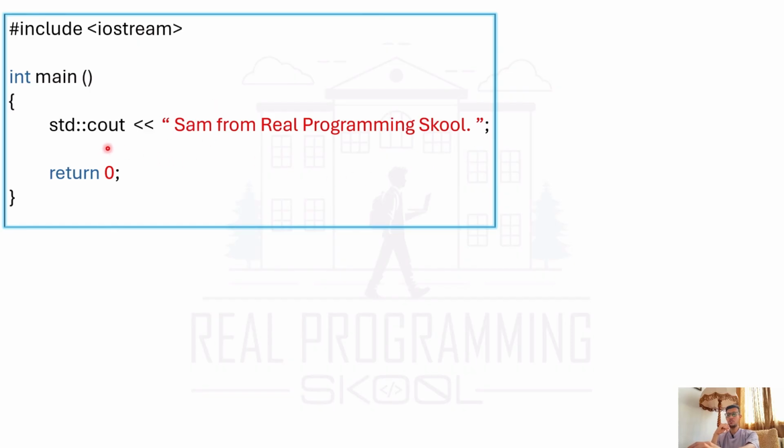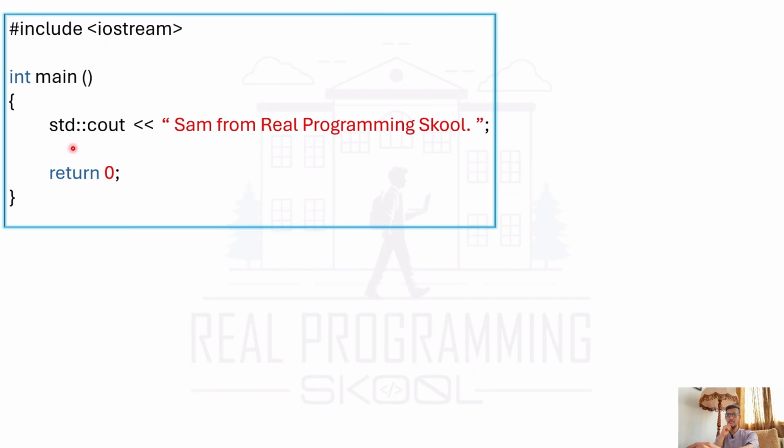Cout is not a function that exists in the standard library; it is an object, but you can take it now as a function or procedure. What is a function, what is a procedure, what is an object, all have lessons in this course and future courses. You can take cout now as a function or command that orders the compiler to output the characters you write between these two double quotations.